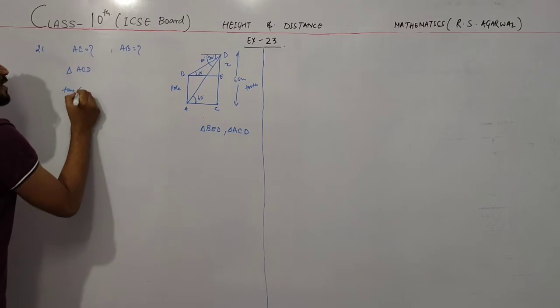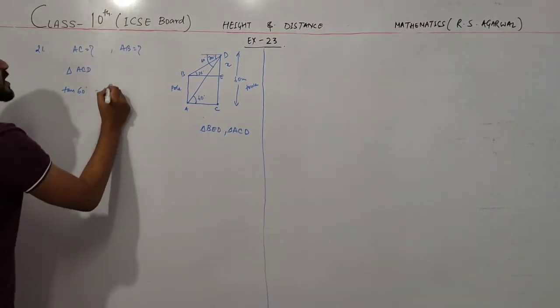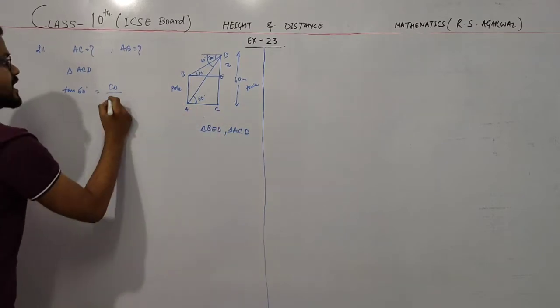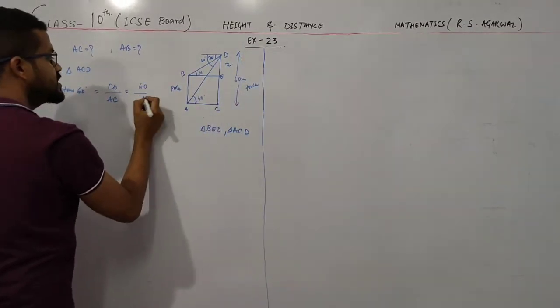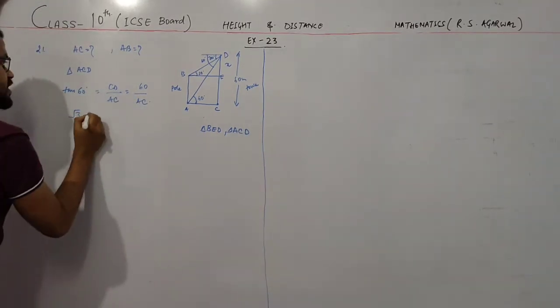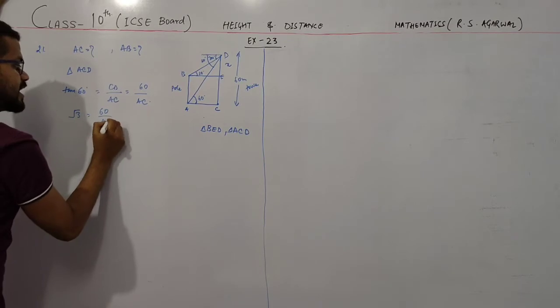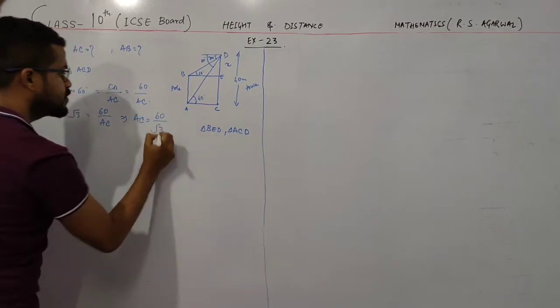So we use tan. Tan 60 degrees is equal to CD upon AC. The value of CD is given directly in the question, which is 60. Tan 60 degrees is root 3, so root 3 equals 60 by AC, and AC is equal to 60 by root 3.